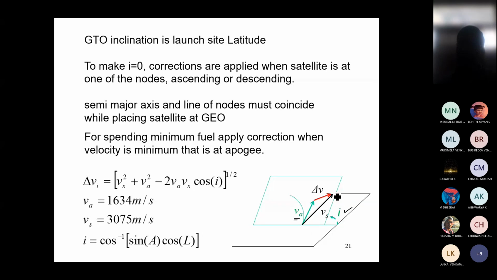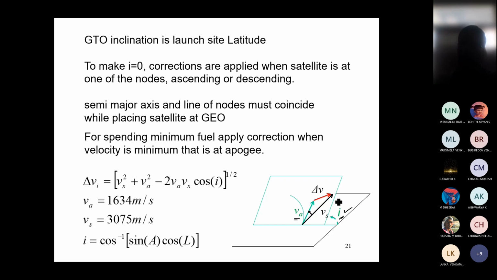Now if you see here this velocity vector, it is aligned on the equatorial plane. This velocity vector is aligned on the orbital plane. Hence, the angle in between these two velocity vectors can also be called the inclination angle. It is the same angle which we have represented in between the equatorial plane and the orbital plane.